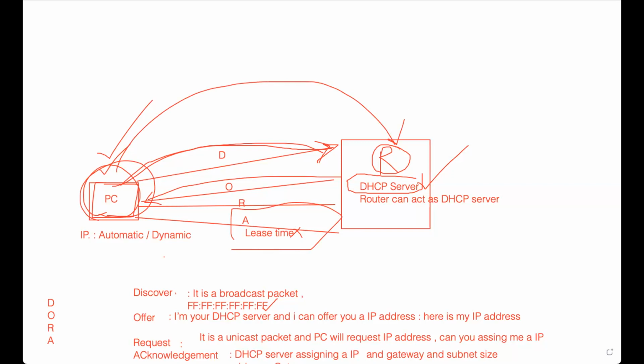Okay, and in the DHCP, we should also know about the configuration of the DHCP. So let's look into the DHCP configuration on the router. How we can configure the DHCP.